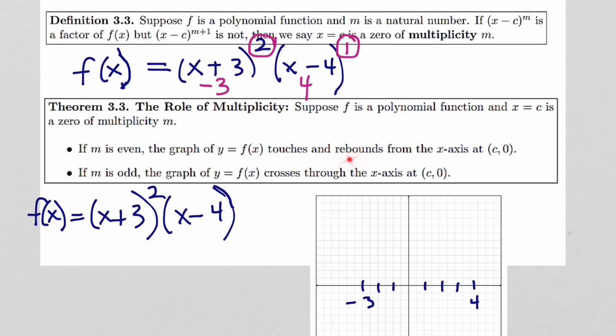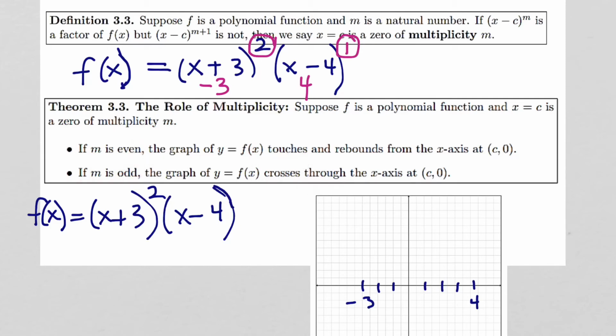It turns around and goes back the other way. Now, if the multiplicity is odd, as in this case, 1 is an odd number, this tells me that at this 0, the graph will cross through the x-axis like a line would. So this is a cross, and this is a touch. If m is even, you touch. If m is odd, you cross.